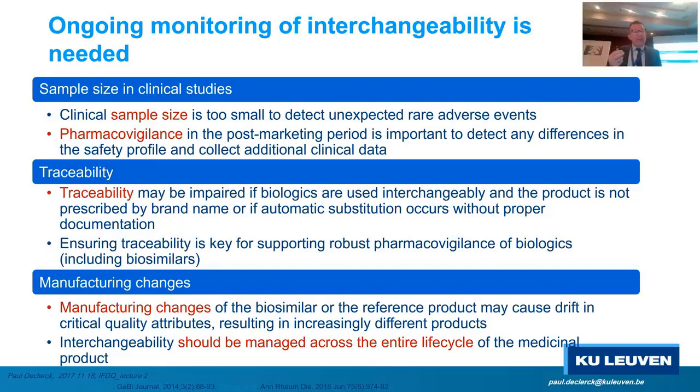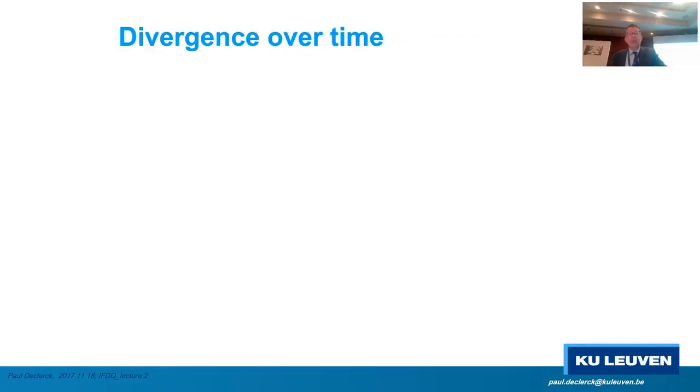And even if we have data, even if you spend quite a lot of money to demonstrate clinically that switching is indeed fully safe and does not have an impact on the clinical efficacy, we also have to take into account that biosimilarity is only valid at the time of approval.